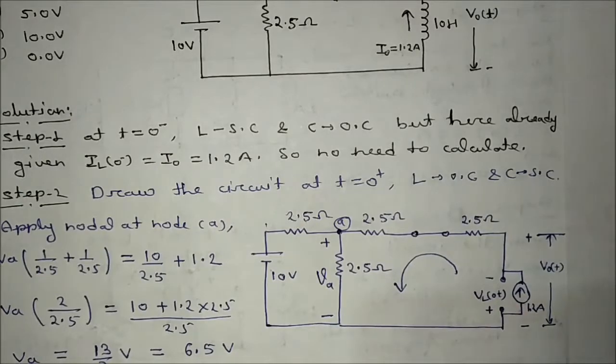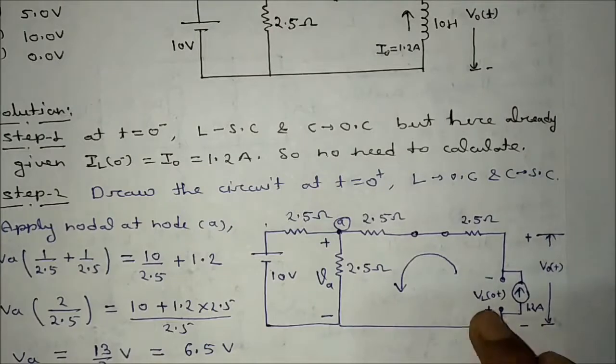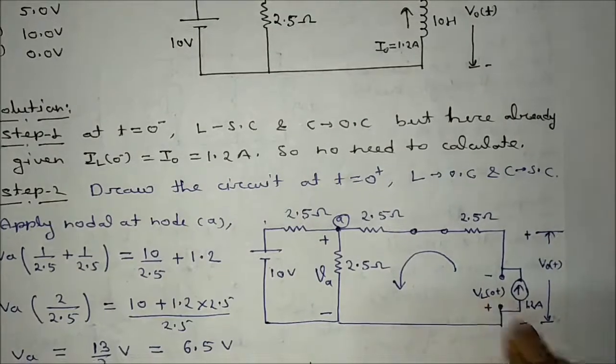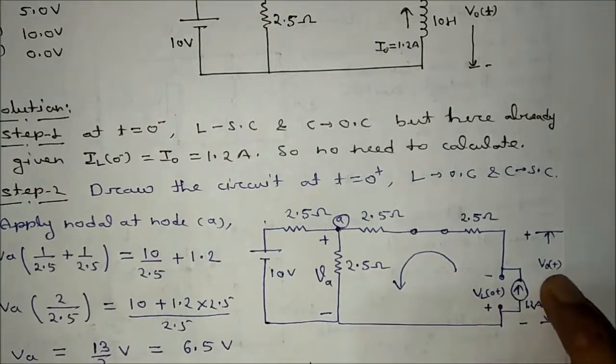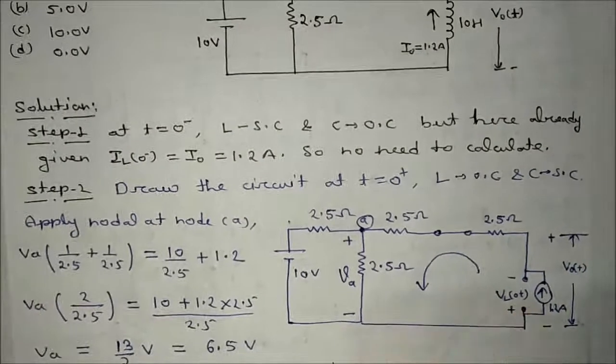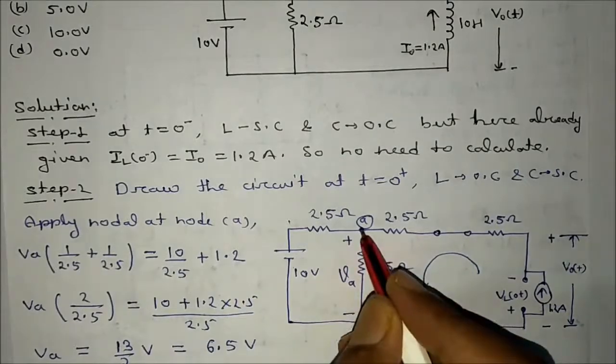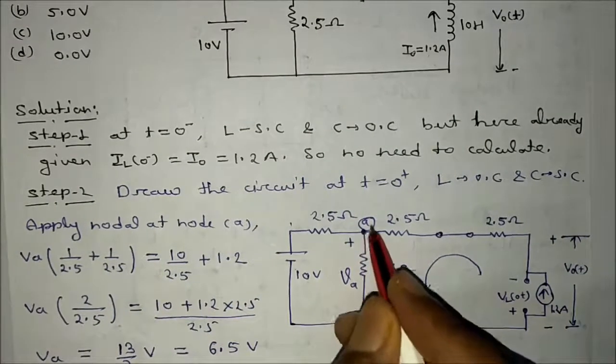Is it okay? It is asking about this V0 plus, and this is VL0 plus, but this polarity is positive, and this polarity here is also positive. That means V0 plus can be written as minus of VL0 plus. Now can I find the value of this V0 plus? We can find. We can apply nodal here, just a single nodal. What will you get?